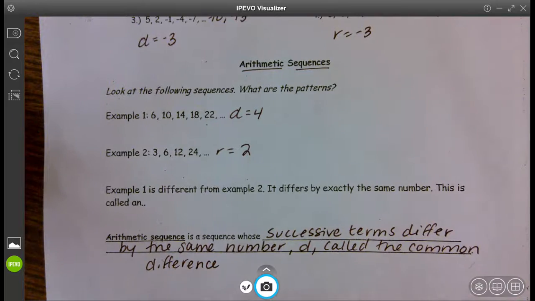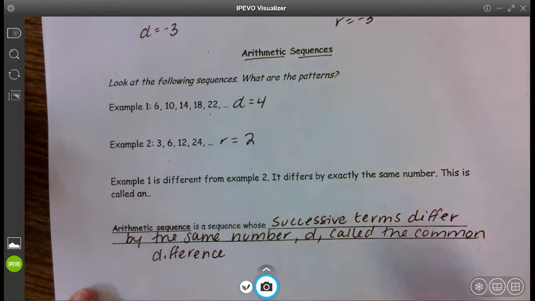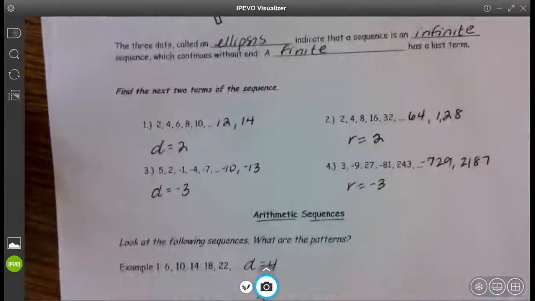Okay, so arithmetic, successive terms, so one after the other, they're going to have the same number, a common difference called D. Okay, so that's arithmetic.